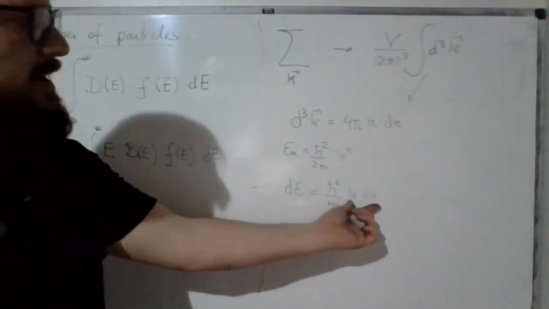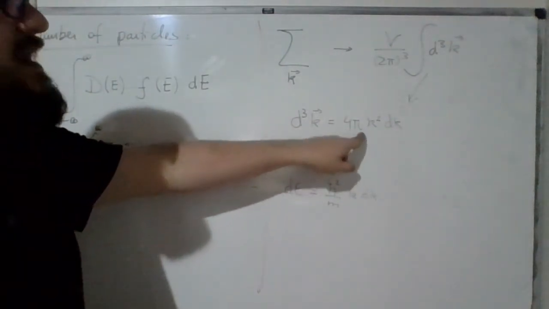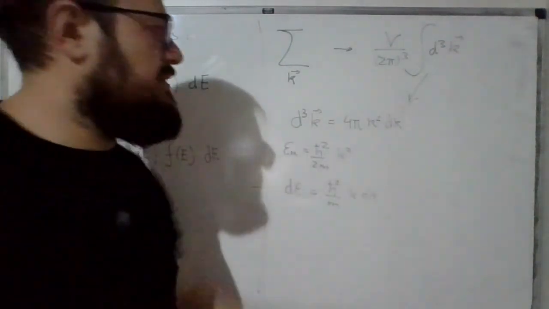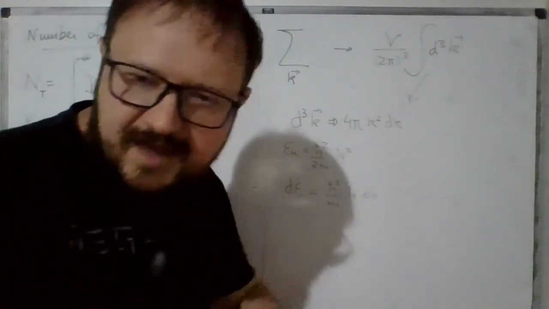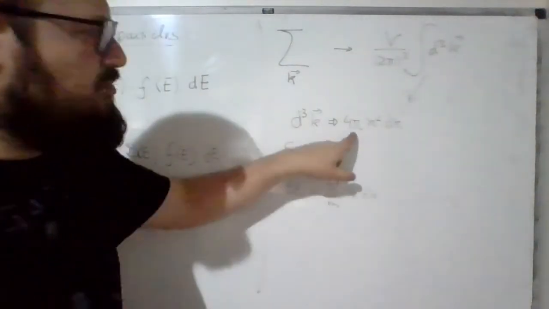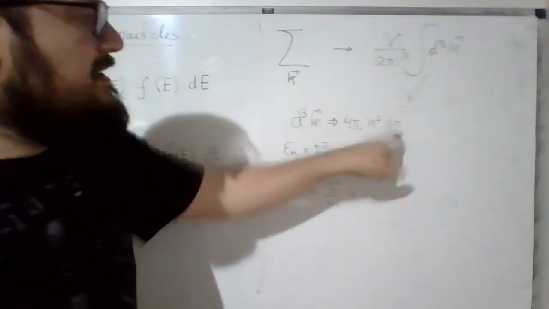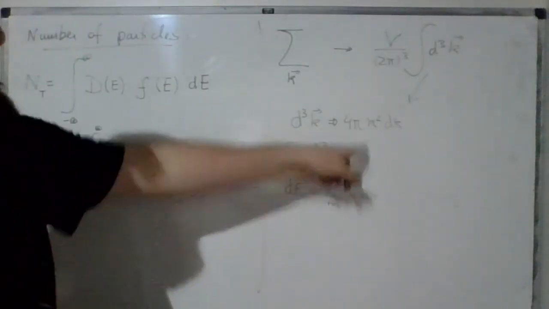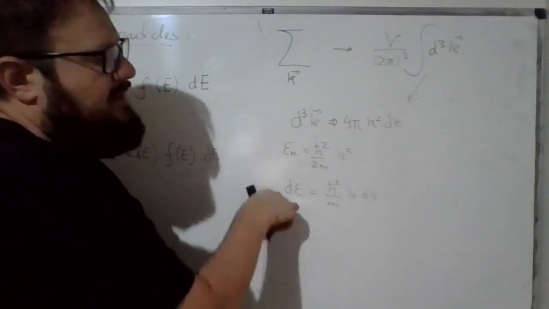Therefore, you can replace, sorry, it's k squared here, and the 4 pi corresponds to the integrals over theta and phi, the angles. So if you already integrated the angles, you have a 4 pi for the sphere, and this k squared dk you need to replace here by an integral over the energies.